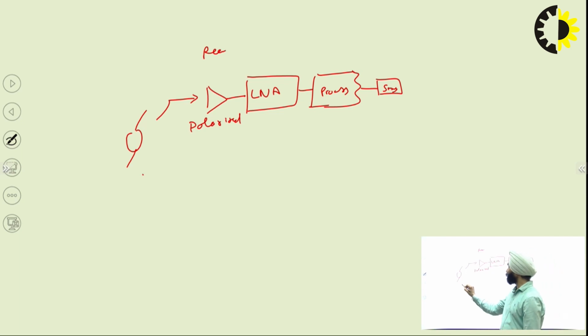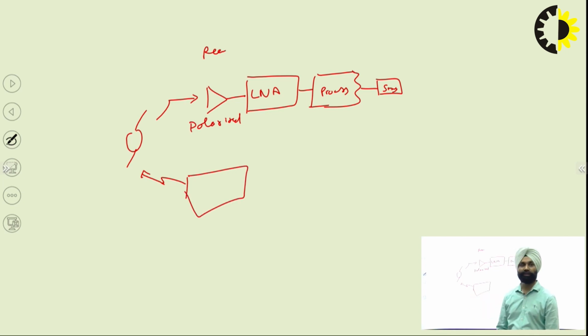Similarly, when a signal is transmitted toward the Earth station, as we have seen, for the uplink the noise is more because of the frequency, so we have to make this signal stronger so that the signal to noise ratio does not get much worse.